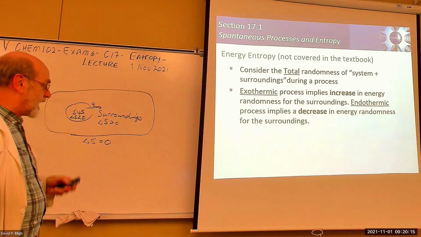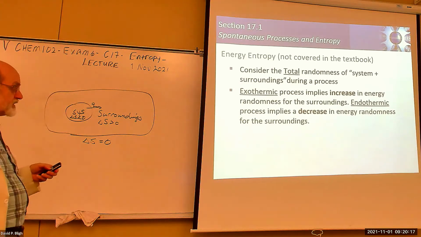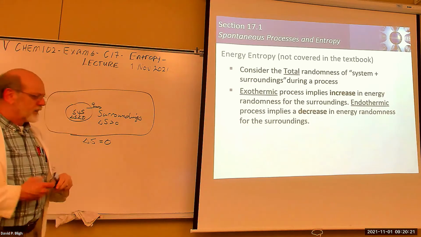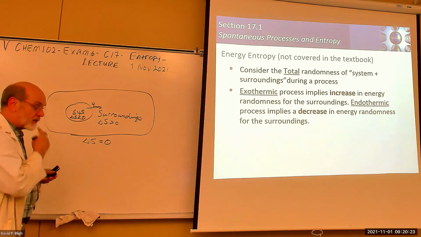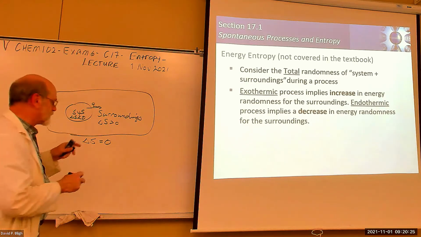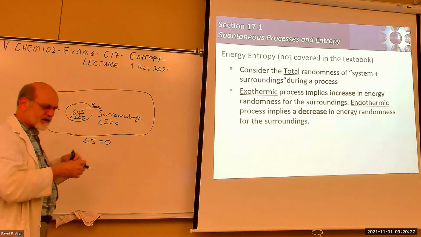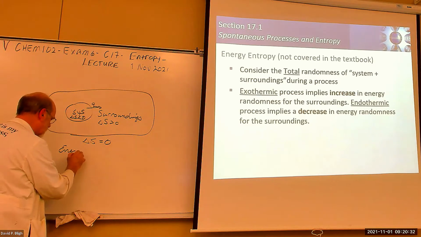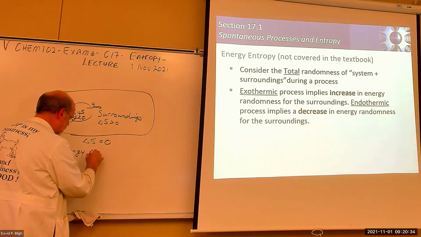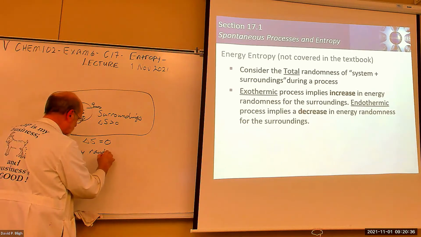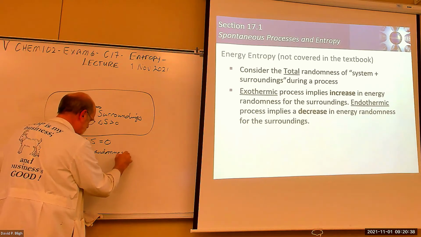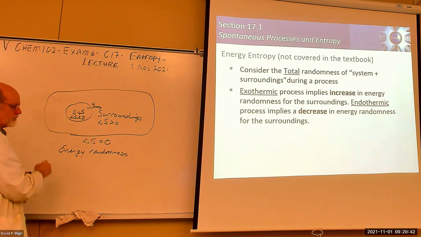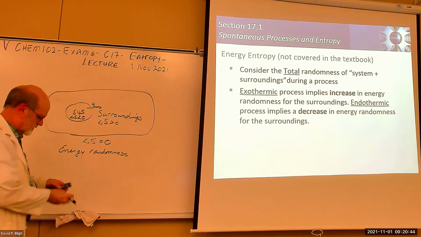Okay, so an endothermic process is a decrease in energy randomness for the surroundings. And we're going to differentiate, for the sake of discussion, energy randomness as one way of describing it. And what's the other term? Maybe it's on the next slide.